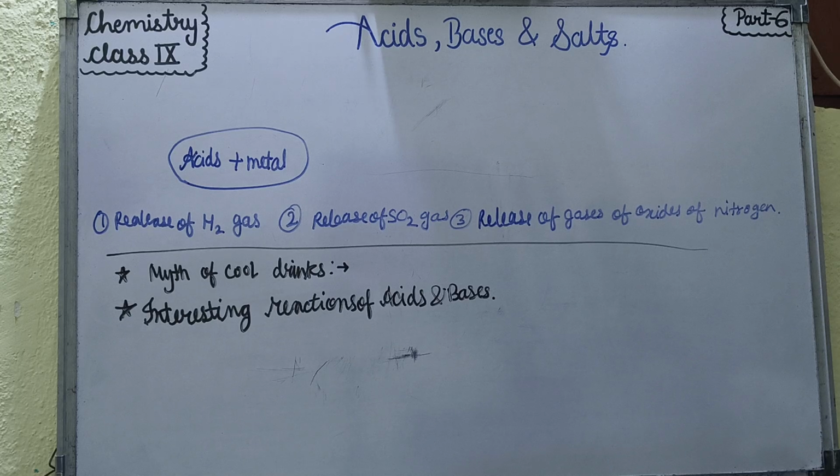Then what about bases? One of the characteristic reactions of acid is that it gives H2 with metals. Similarly, is there any base which gives H2 with metals? In general, basic solutions do not give H2 with metals, but as exceptions, NaOH and Al(OH)3 give H2 gas with zinc and tin.